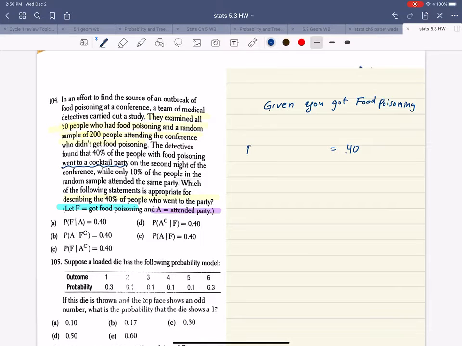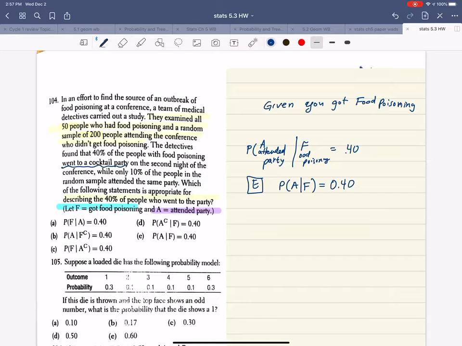So we know that this is attended the party, given that you got food poisoning. And that one matches, let's say which one it is, E, okay? Yep, that's the proper notation based on the wording of the problem.